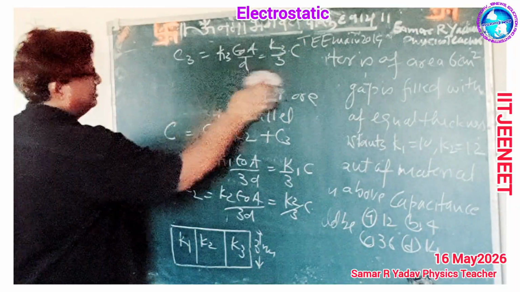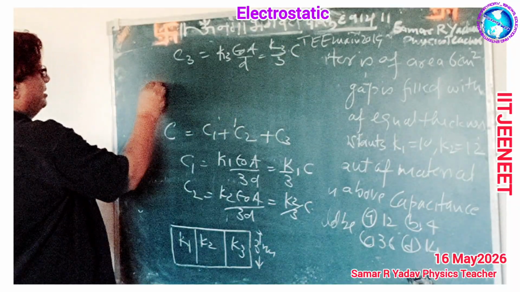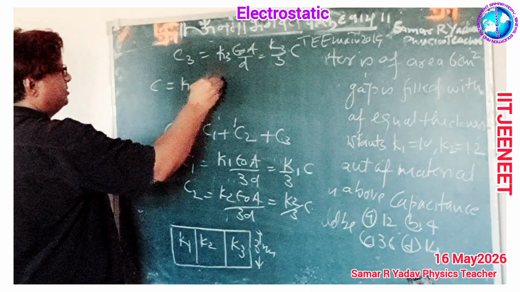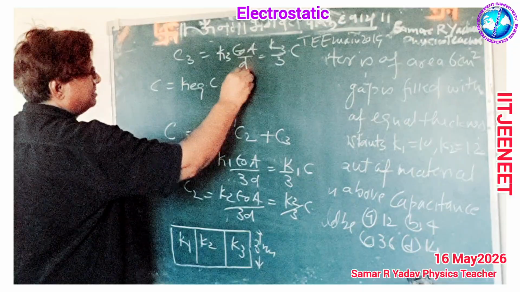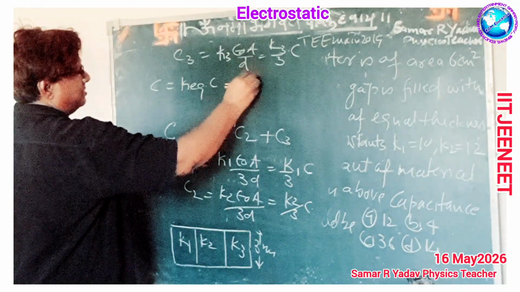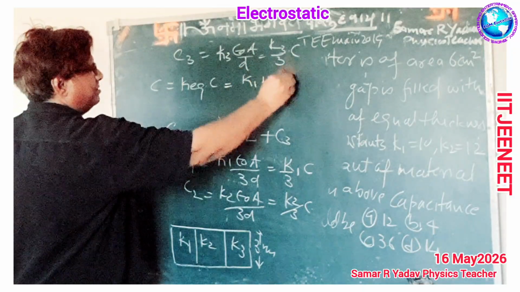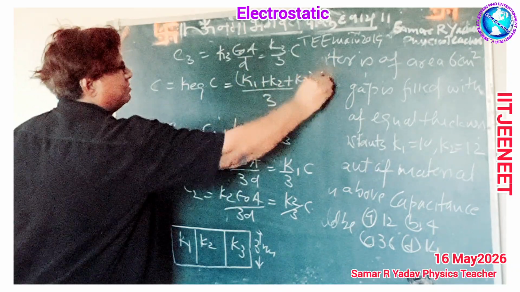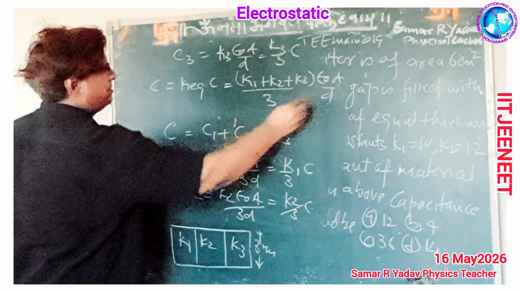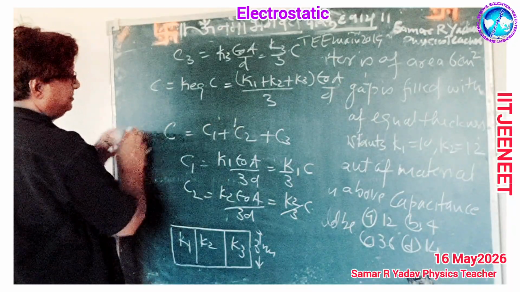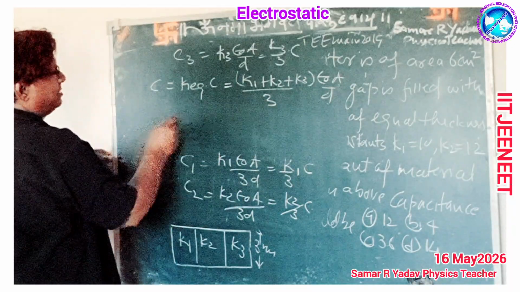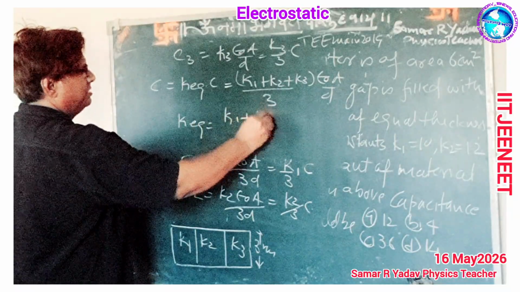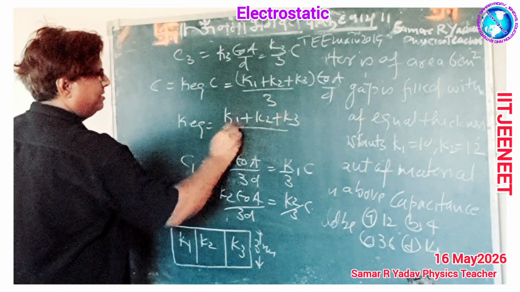Therefore, C equivalent is equal to K equivalent into C, which is equal to K1 plus K2 plus K3 upon 3 into epsilon 0 A upon D. Therefore, K equivalent is equal to K1 plus K2 plus K3 by 3.